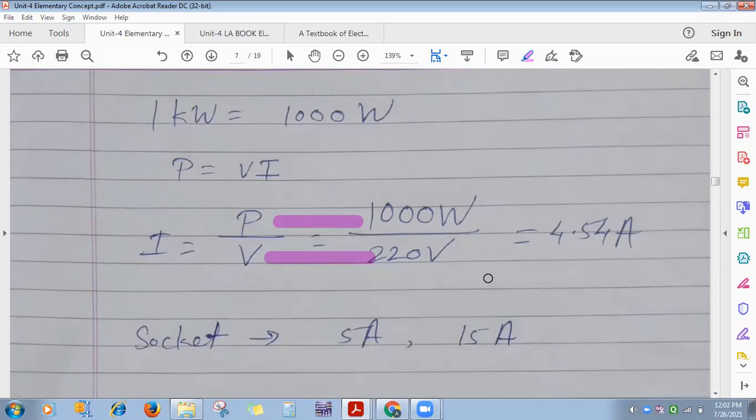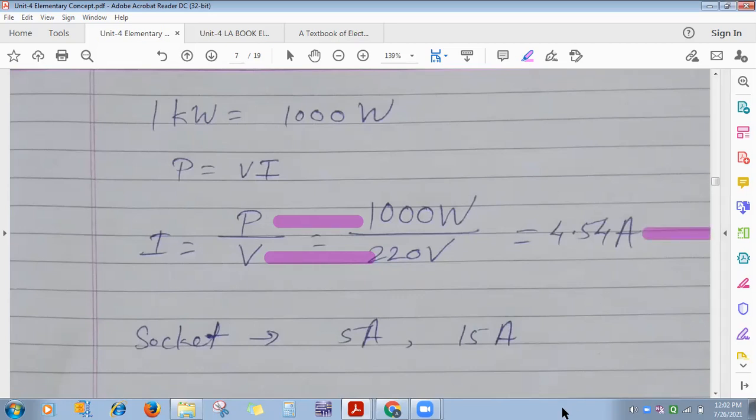Consider any electrical instrument whose power specification is 1 kilowatt and voltage specification is 220 volt. What does it mean? Whenever you apply 220 volt across that instrument, its power is 1 kilowatt. So when you switch it on and apply 220 volt across it, how much will be the current flowing through that instrument?